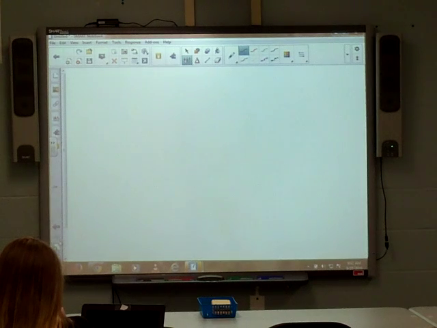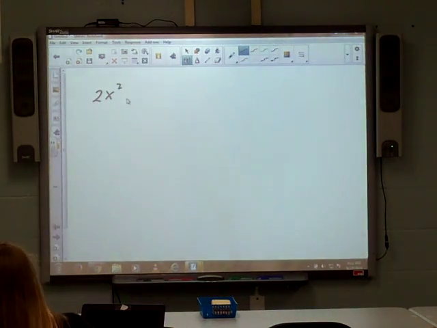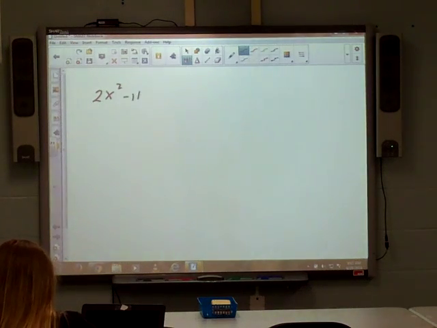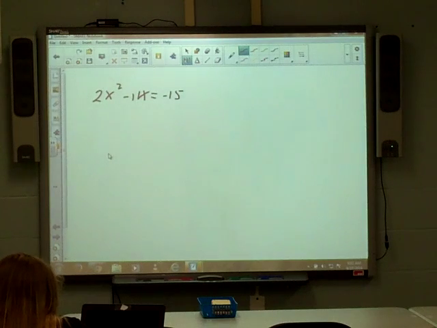Alright. This one says 2x squared minus 11x equals negative 15. So, uh-oh, that's different. I have two different things in there. First thing, my a is not 1 anymore. Second thing, it's not in standard form yet. So I need to get it into standard form.